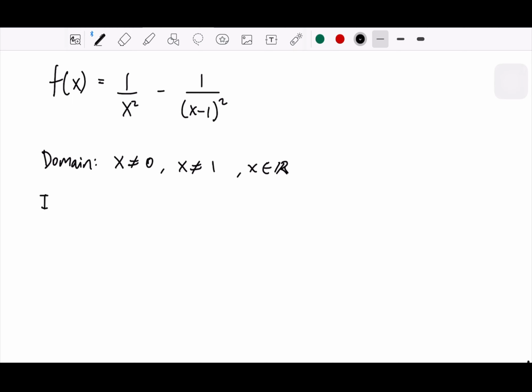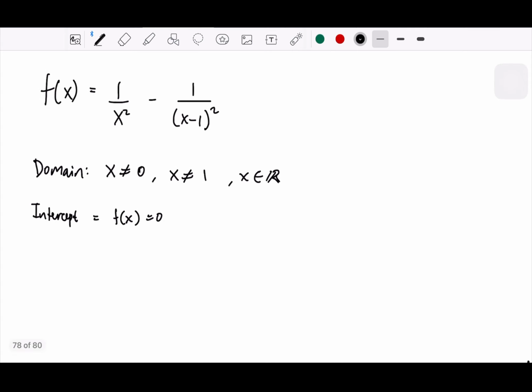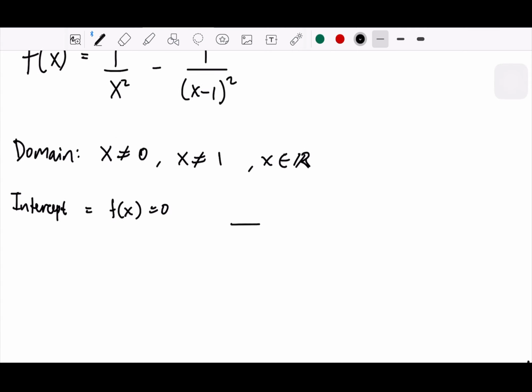We can check the intercept, taking f of x equal to 0. So we are going to solve this algebra. Taking x squared, x minus 1 squared minus x squared, so this will be x squared minus 2x plus 1.